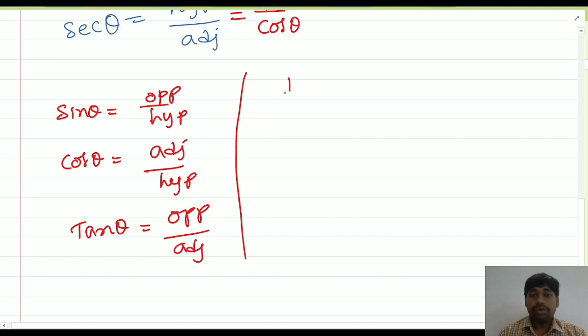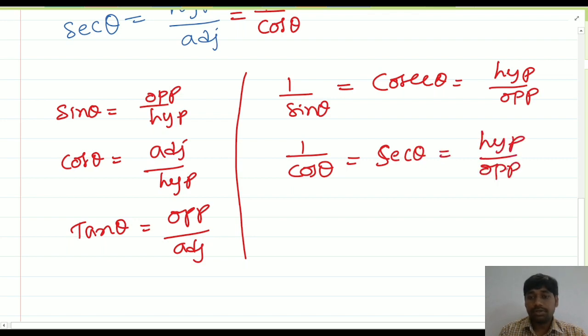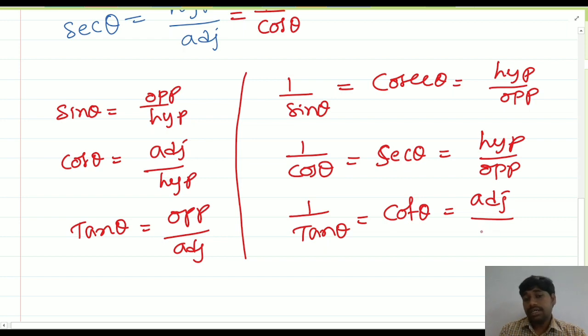Then 1 by sin theta is called cosec theta, that is hypotenuse by opposite. 1 by cos theta is called sec theta, that is hypotenuse by adjacent. 1 by tan theta is called cotangent, cot theta, simply called adjacent upon opposite.